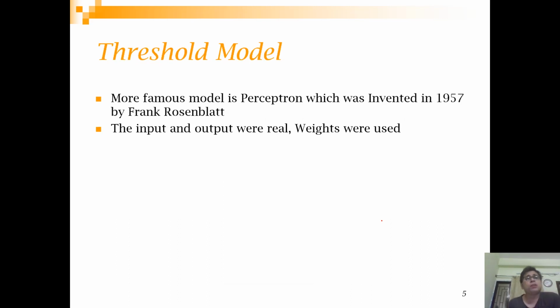The more famous model was the perceptron model, which was invented in 1957 by Frank Rosenblatt. Here, in contrast, input and output were real and weights were used.